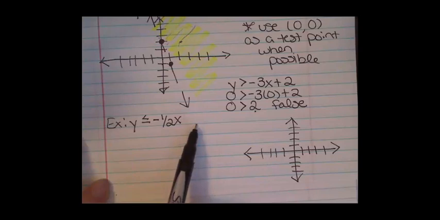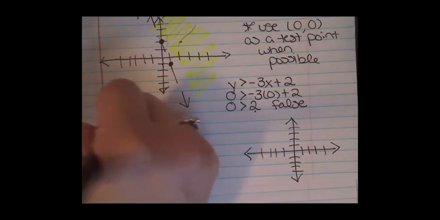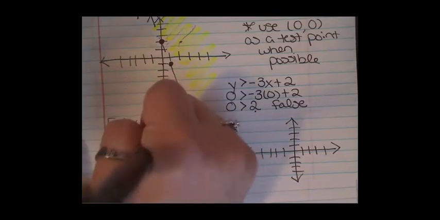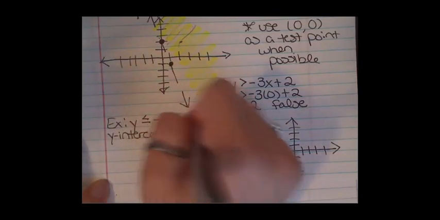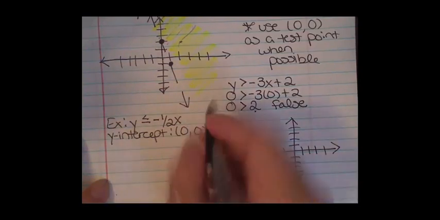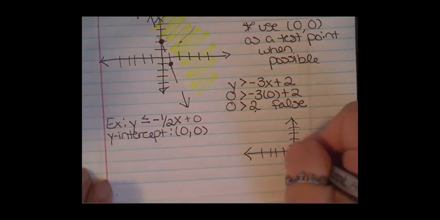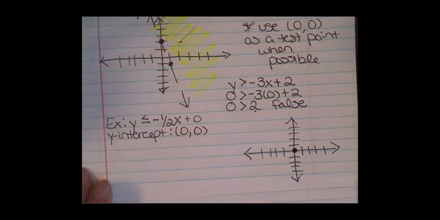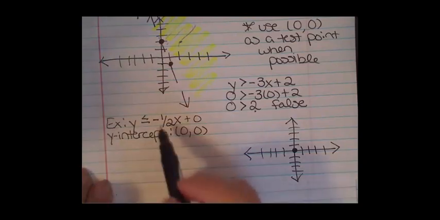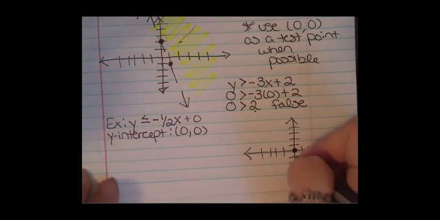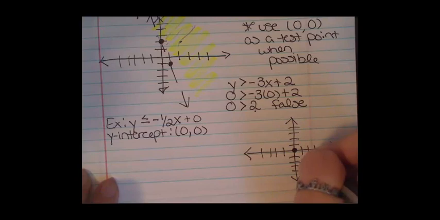My y-intercept is (0, 0), because there's no constant, you can put plus 0 out there if that makes you more comfortable. So my initial point is going to be (0, 0). And then my slope is negative 1 over 2. So I need to go down 1 and to the right 2, and plot my second point.